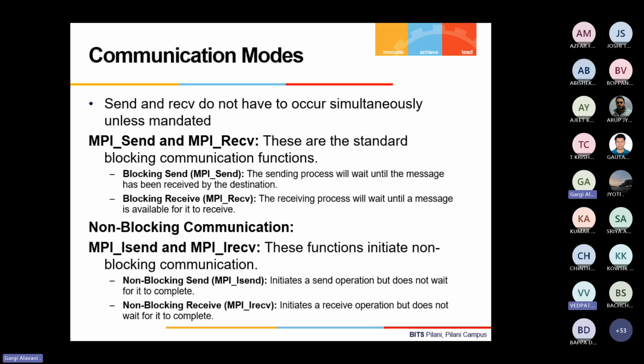What do you think could be issues with non-blocking, and where blocking might be useful, where non-blocking might be useful? Anyone? Non-blocking is something like, if data is huge and the process has to do something else other than sending the data, I think we can send the data using the non-blocking send operation and move ahead to do the other process.